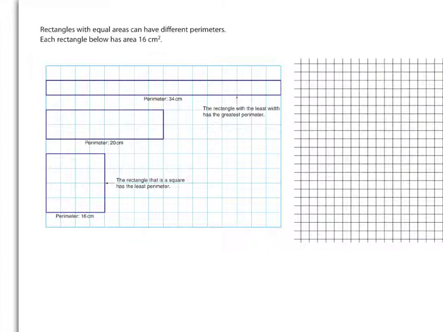All right, we're going to continue to look at this idea, but with a slightly different twist. Rectangles with equal areas, so now we're looking at equal area, can have different perimeters. Note, each rectangle below has an area of 16 centimeters squared. Well, let's confirm that. Area again is length times width.